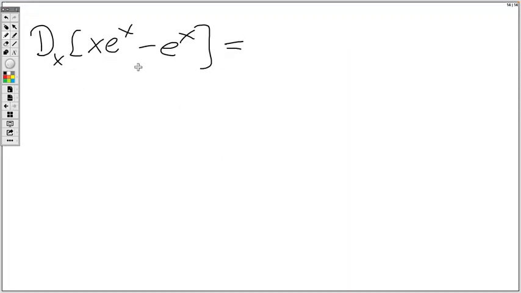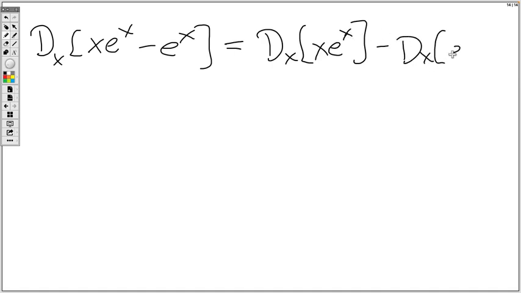All right, so what property would we hit here first? Sum and difference. So this would be the derivative of x e to the x minus the derivative of e to the x. What's the derivative of x e to the x? What rule do I have to use there?